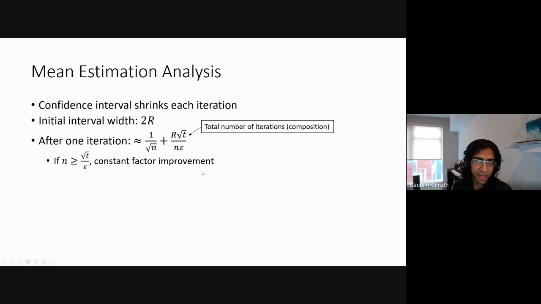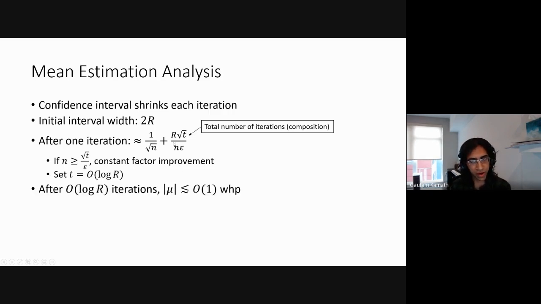Say that we have n being equal to 100 square root t over epsilon, we'll cancel this term, and we'll be left with r over 100. So you can see that we've shrunk it by a constant factor, which, as we see in computer science a lot, is great news, because that lets us have a parameter log t or log r somewhere, and that's great.